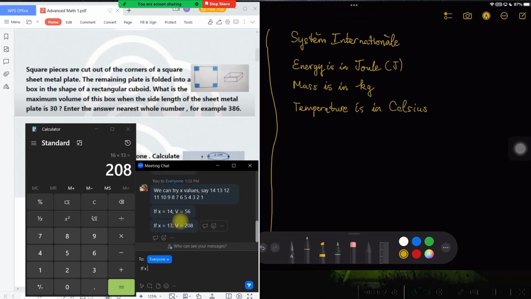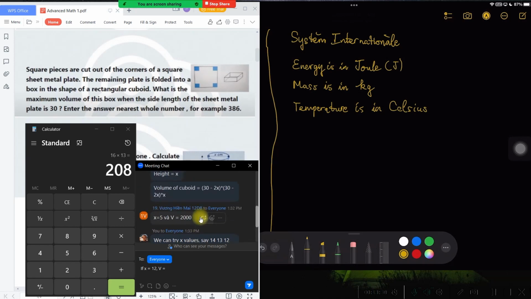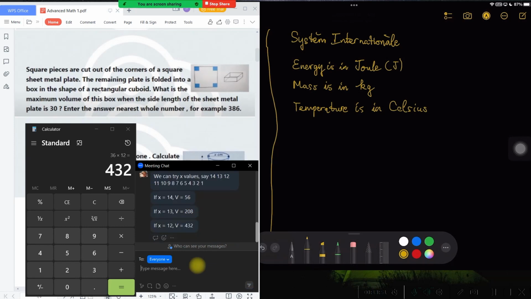Now, if x is 12, what is V? If x is 12, V equals what? 12 gives 24, so 6 times 6 times 12, it's going to be 432. That's a lot, you know.